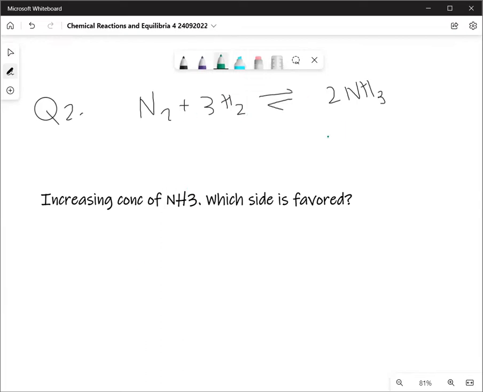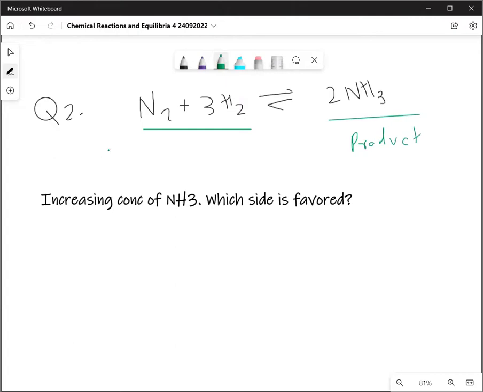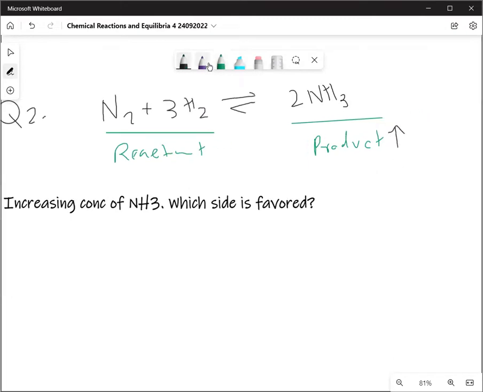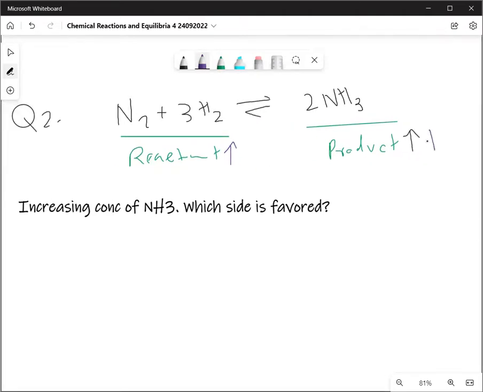So where is the equilibrium shifting? Forward or backward? Forward. Okay, let's see again. This is product and this is reactant. If I increase product, reactant will also increase, and this will decrease.